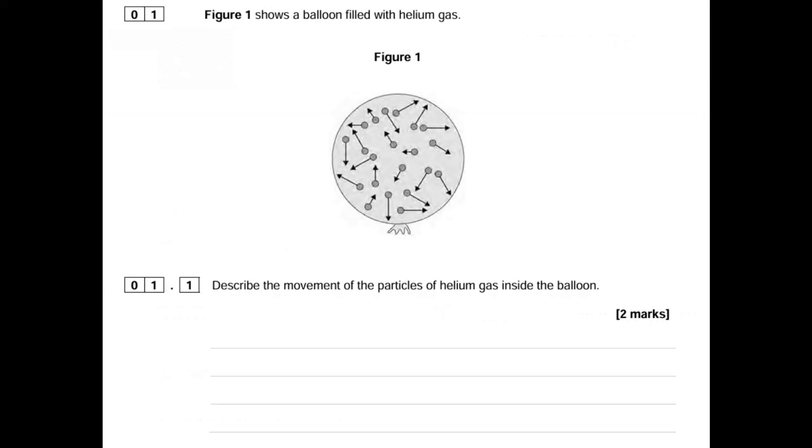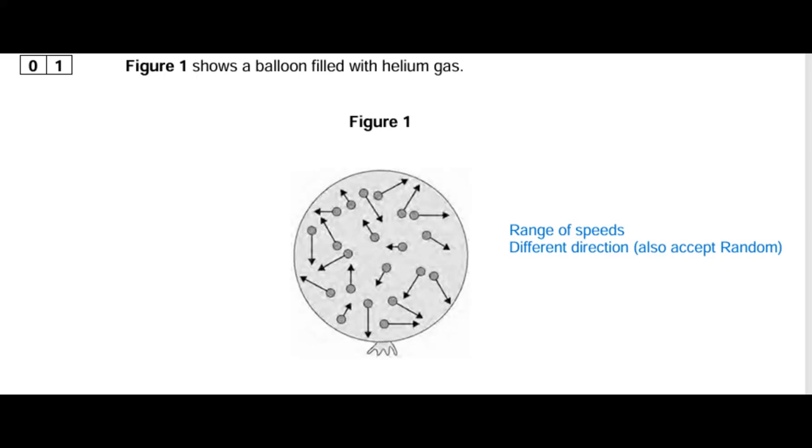we're shown figure 1, which is a balloon filled with helium gas, and we're expected to describe the movement of the particles of helium gas inside the balloon. Now you can see with this diagram they're going in a variety of different directions, and the arrow lengths are different. What we need to remember is that this means that the gas particles within the balloon are moving with a range of speeds and in different directions, with the mark scheme also accepting that they're moving in random directions, although I'd avoid this because technically nothing can truly be random.